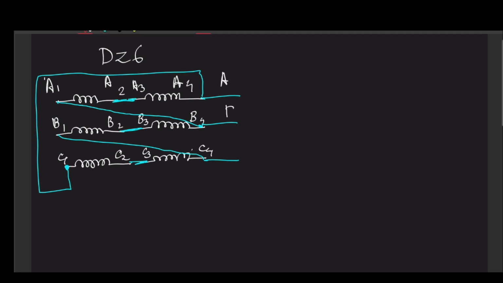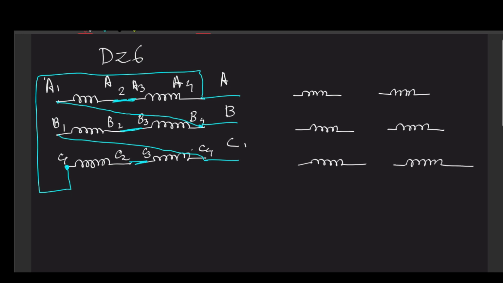So this is A, B, C. Now what about Z? Z will be like the same thing. So how to connect them?